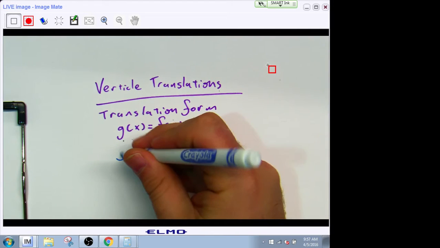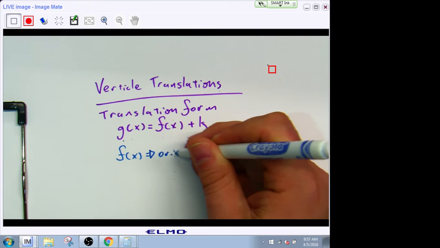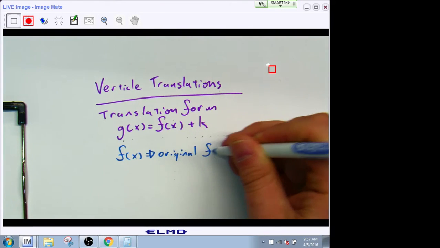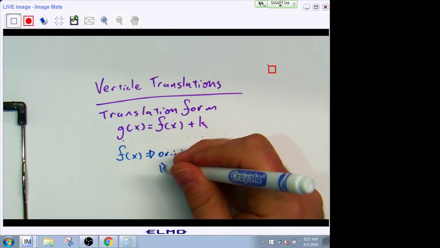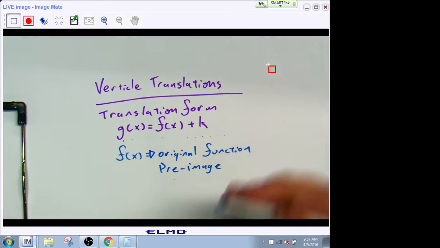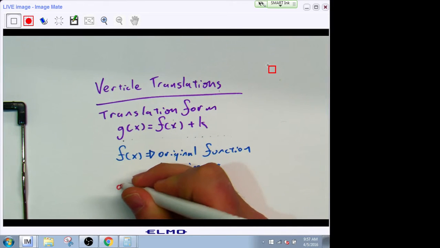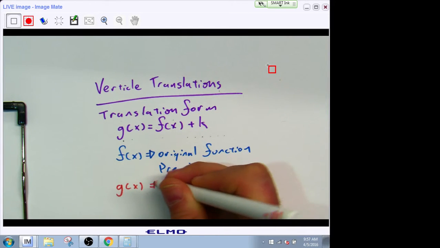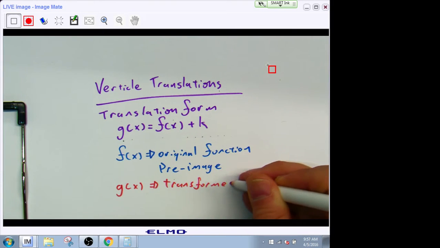So f of x is our original function, otherwise known as the pre-image. Okay? F of x is the OG. G of x is our transformed function, right?